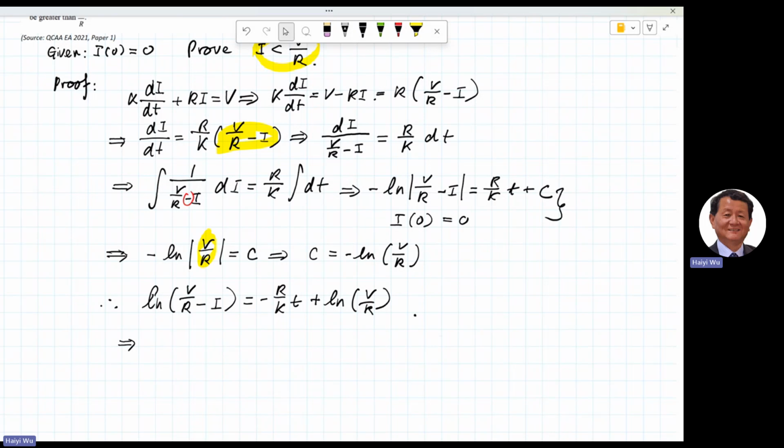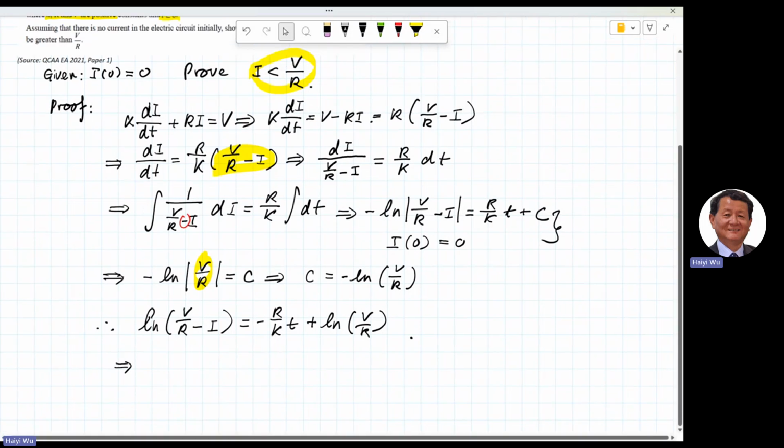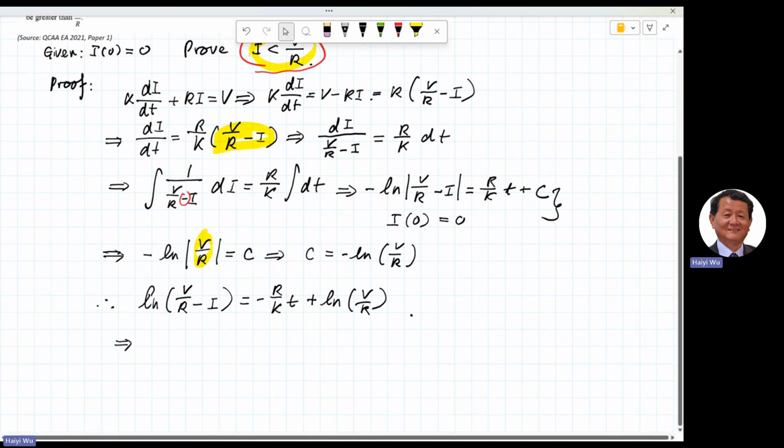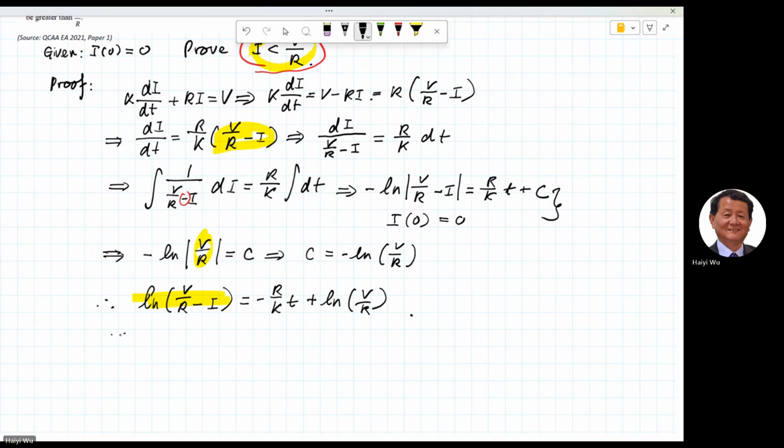The reason is that we're aiming to prove the current is less than V over R. If you look at the right-hand side, we know the log function: when y equals log x, the x must be greater than 0.